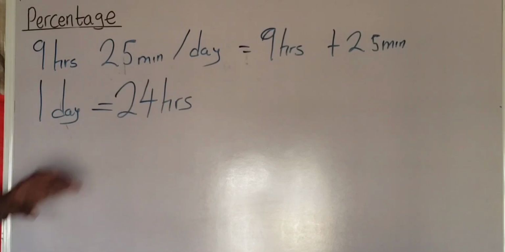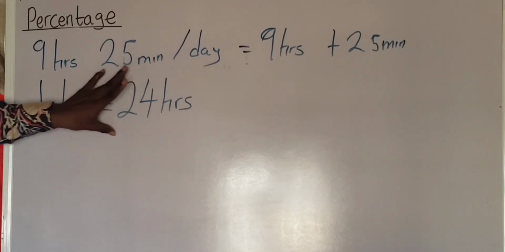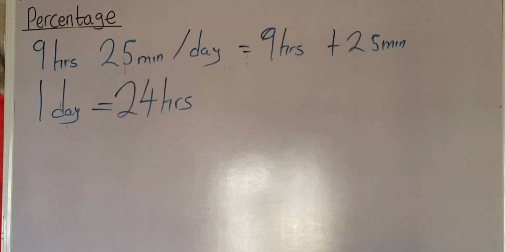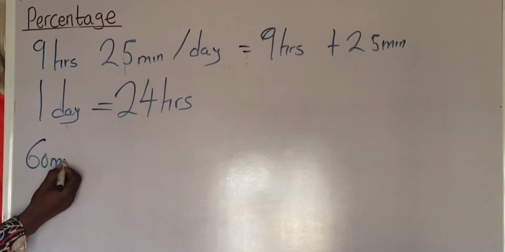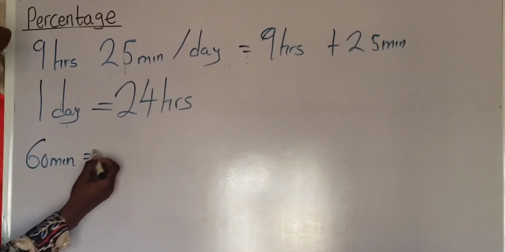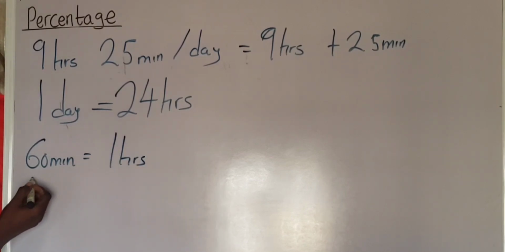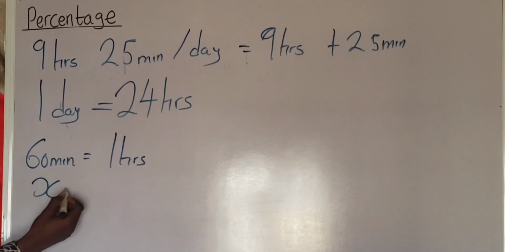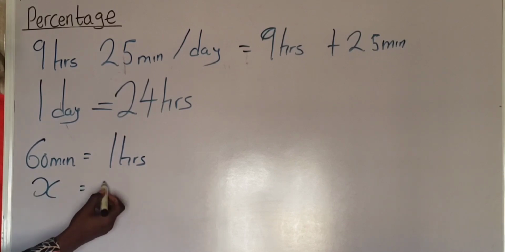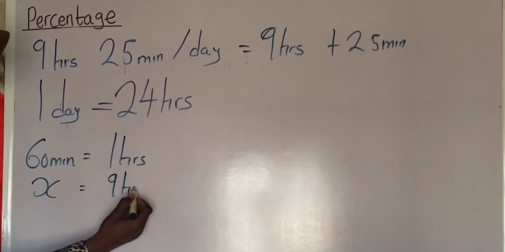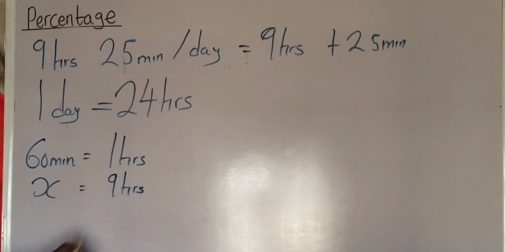We are also going to convert these 24 hours to minutes. Don't forget that 60 minutes is equal to 1 hour. Let x minutes be equal to 9 hours.